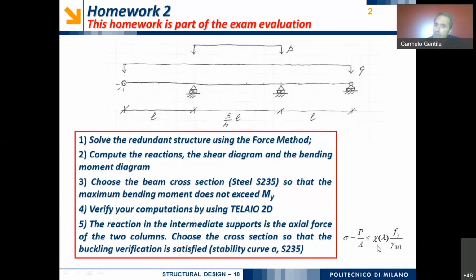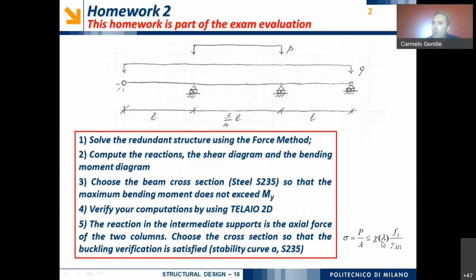less than or equal to K, which is function of the slenderness, times the value of Fy, the yielding stress, over the gamma M1, which is the safety factor. In order to apply this formula, in order to apply this stability verification, I would like to remind you that you have to evaluate the slenderness.